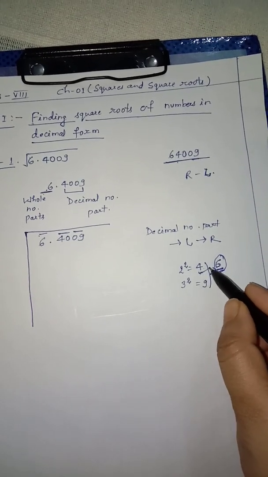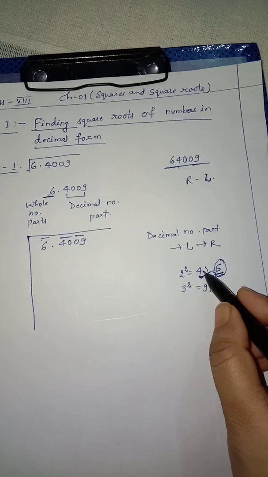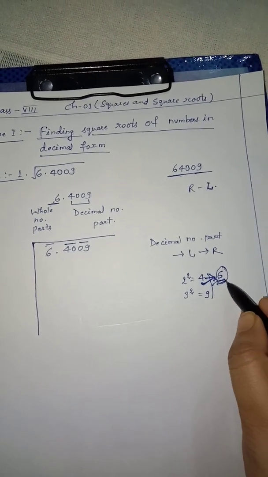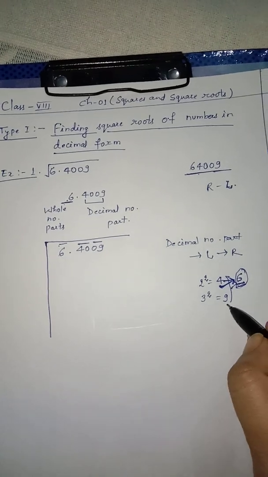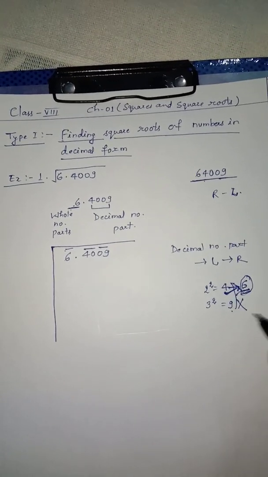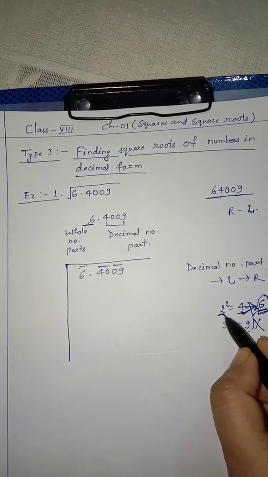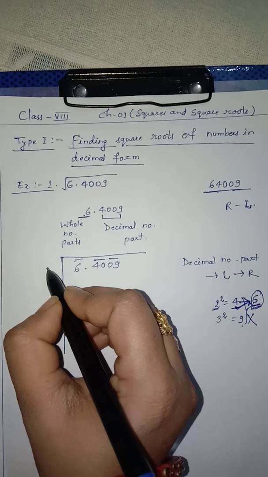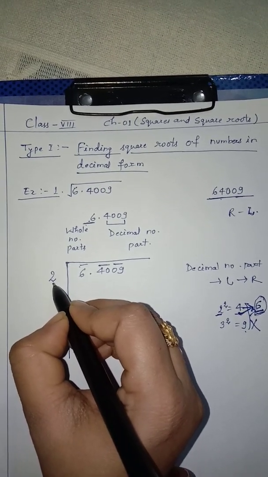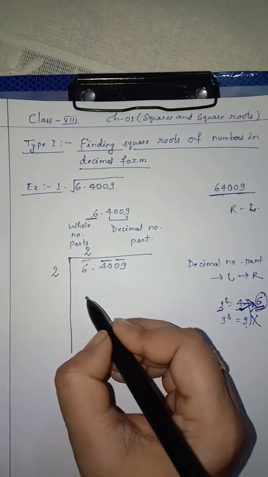Obviously 4 is closer to 6 and 9 is greater. That's why we will not take 9. Now 4 is the square of 2, so we will write 2 here, first on the left and second at the top.